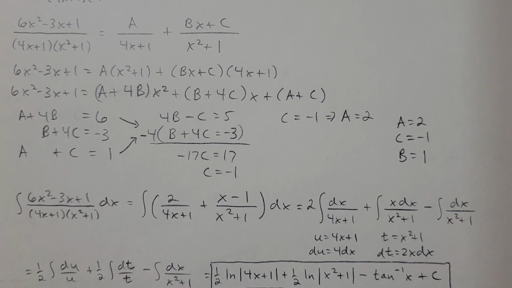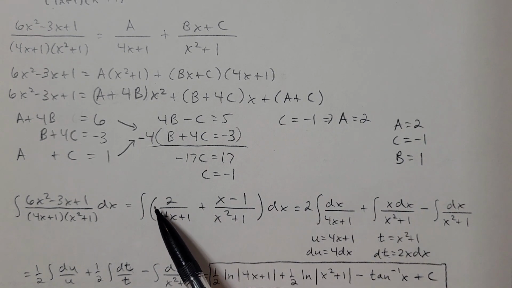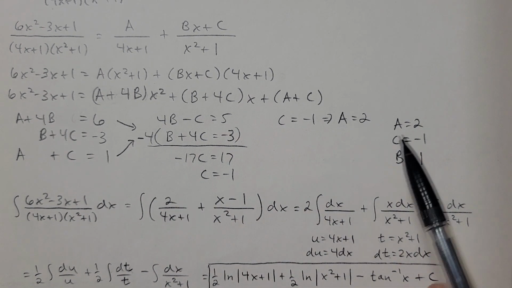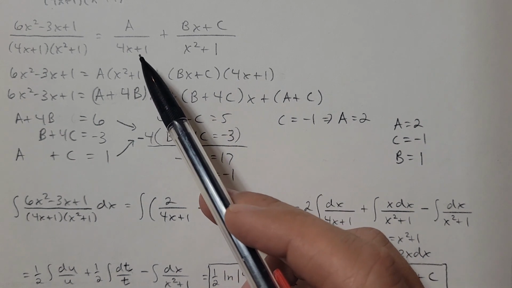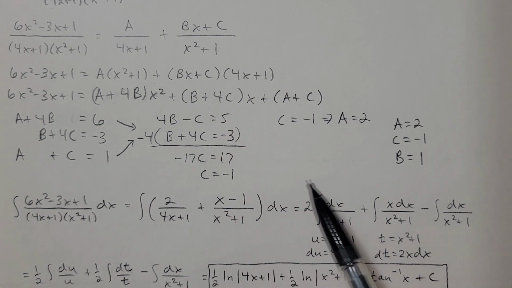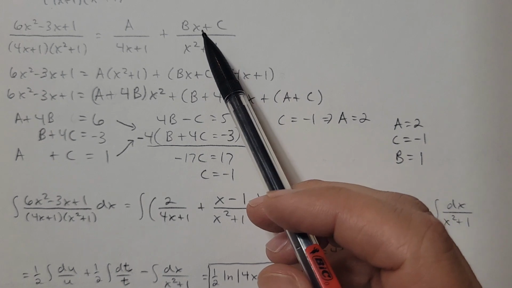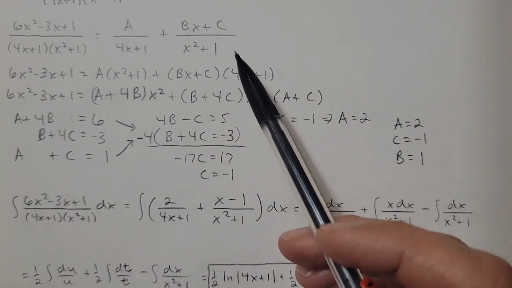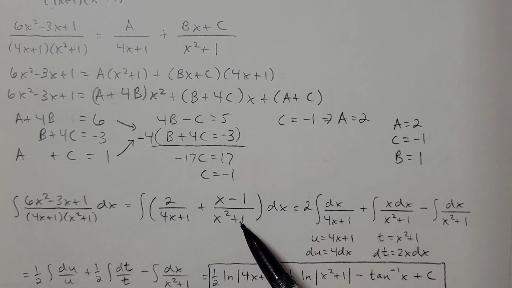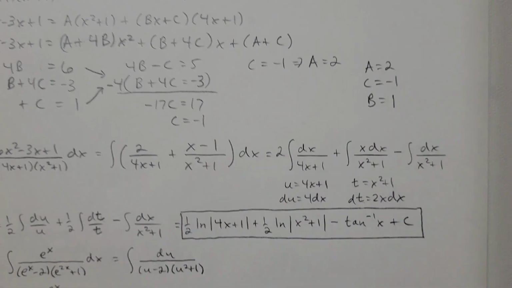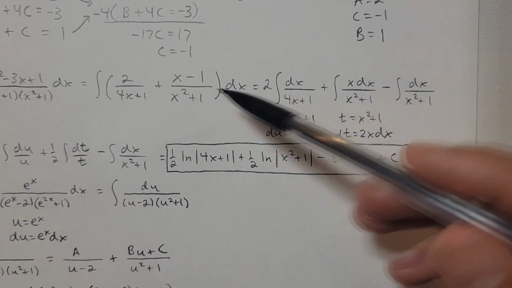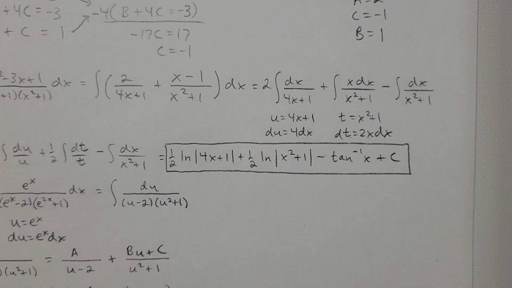And so, I'm going to have the integral of 2 divided by 4x plus 1, plus 1 times x is x minus 1, divided by x squared plus 1 dx. Okay, and so that's where I'm at right now with this.